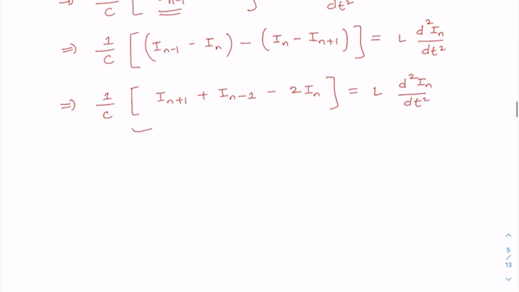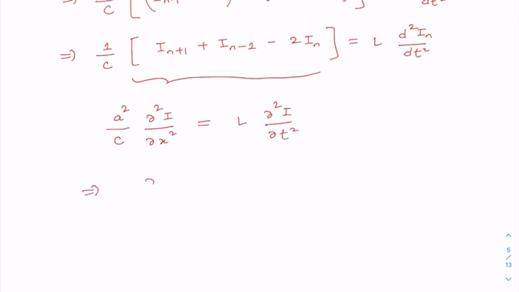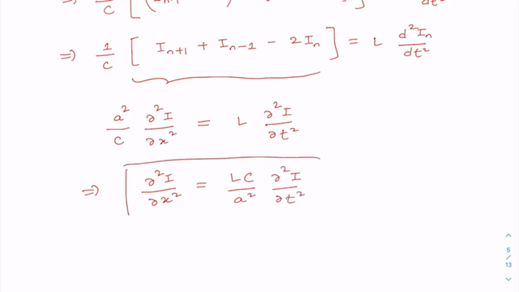Now you can recognize that in the continuum limit, this part is actually the second order derivative of current with respect to position. So in the continuum limit, we can write this whole thing as a square by C del 2I by del x2 is equal to L del 2I by del t2, or I can write it as del 2I by del x2 is equal to LC by a square del 2I by del t2.